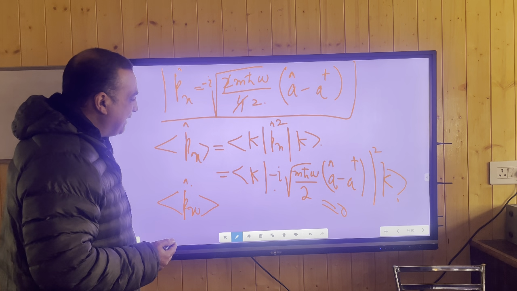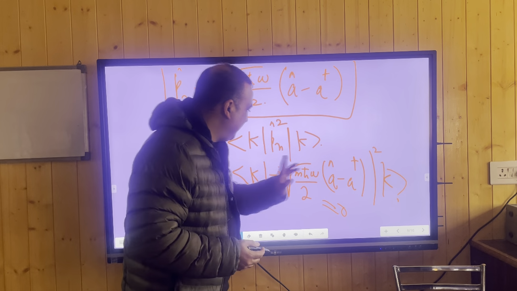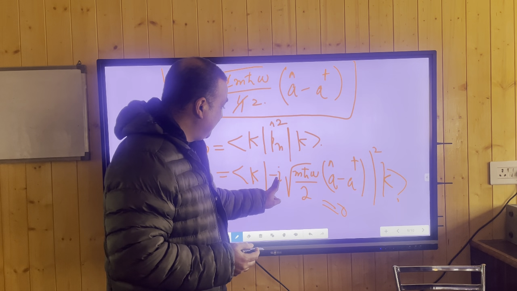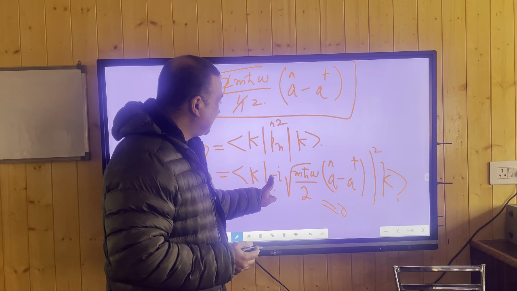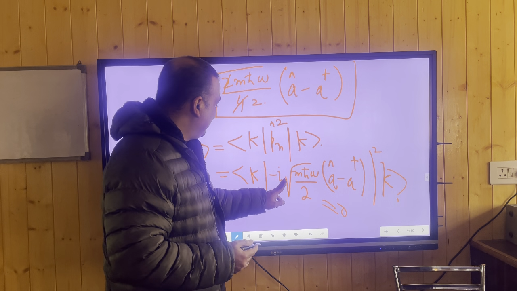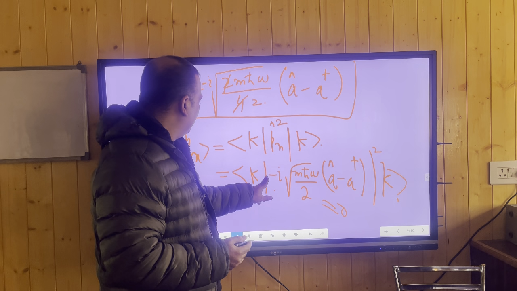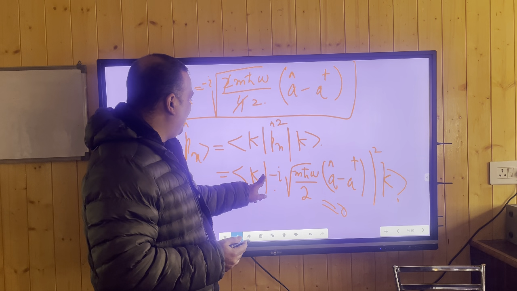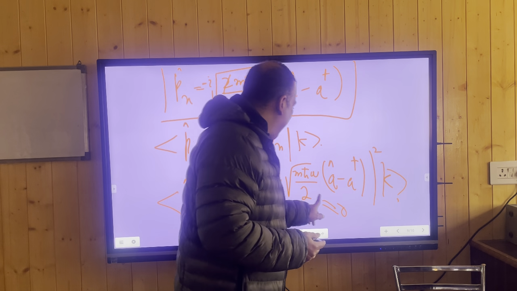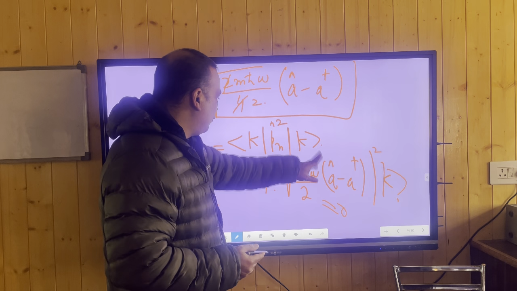So what's going to happen now is you will have the square of this thing, and this iota square will be minus, and minus square will also become plus, and this term will take us to a positive number. So what will be inside? First, the square and root will cancel.